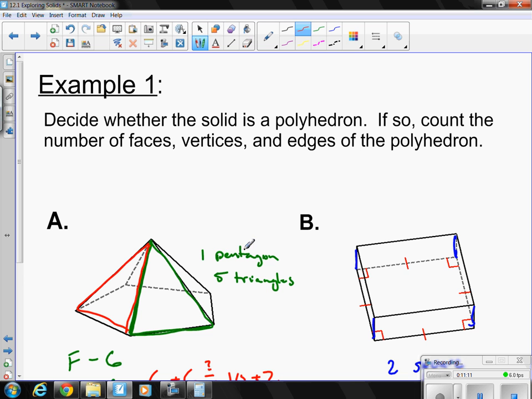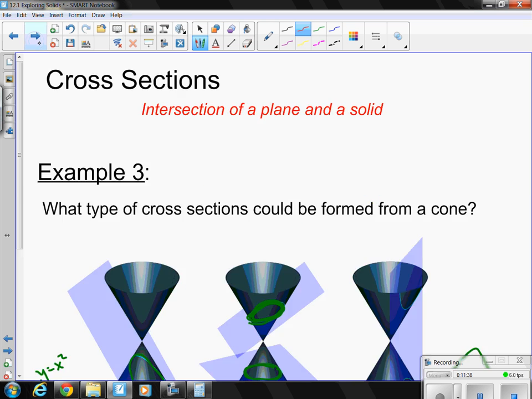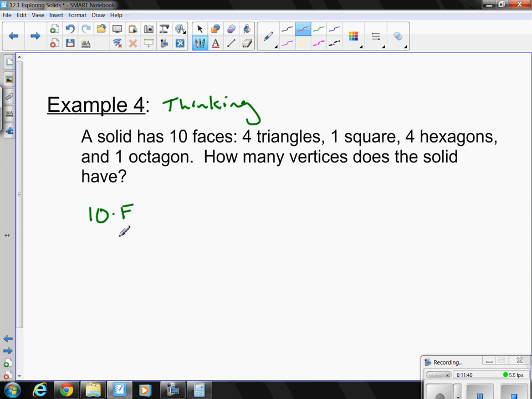So if we figure out a pentagon has 5 edges and 5 triangles, 5 times 3 would have 15 edges. We don't have 20 edges, but since each edge is shared by 2 polygons, we have to divide that by 2 to get 10 edges. If you look at how many edges we had, 10. So we're going to do the same thing in example 4 to figure out how many edges there are.